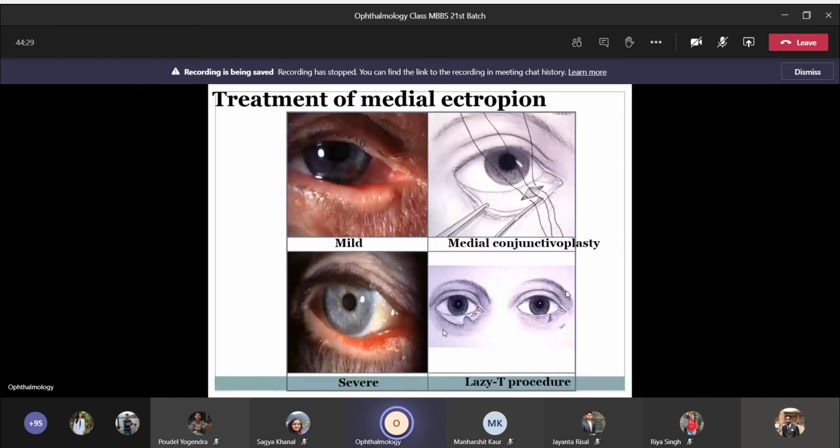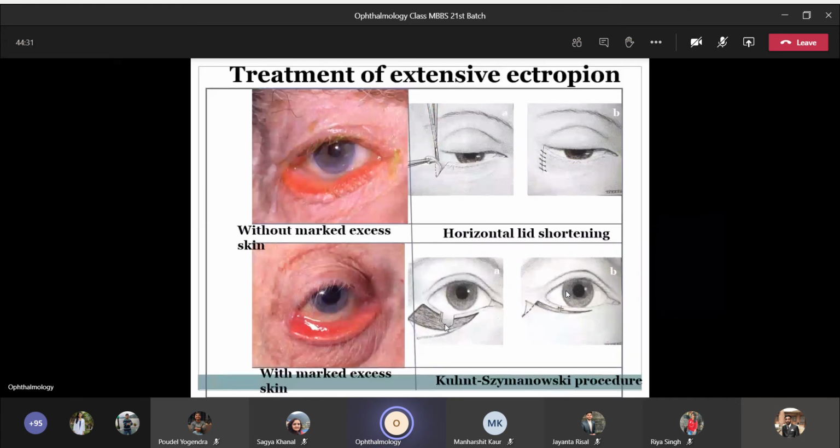And if it's extensive ectropion without marked excess skin, then horizontal lid shortening is done. And with marked excess skin, Kuhnt-Szymanowski procedure is done. So this is the common surgery that we do. If there is a marked excess, then this triangular shape of whole thickness eyelid is cut off and is sutured.